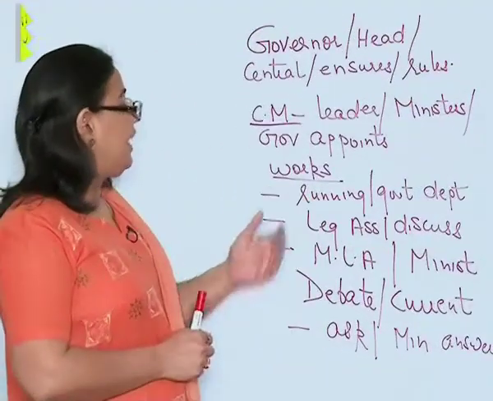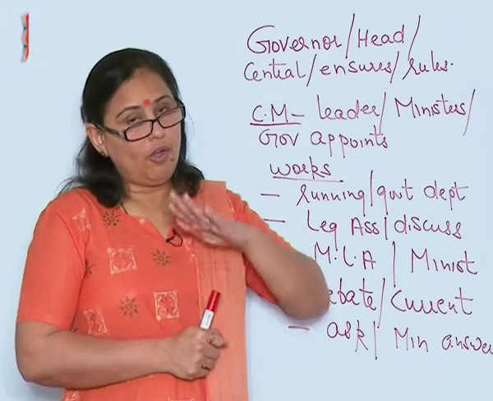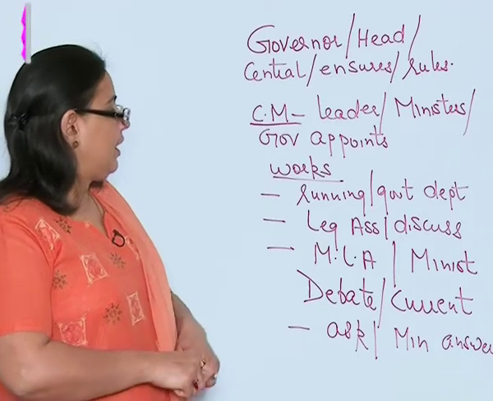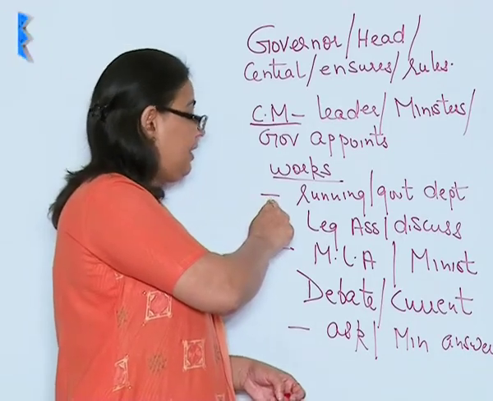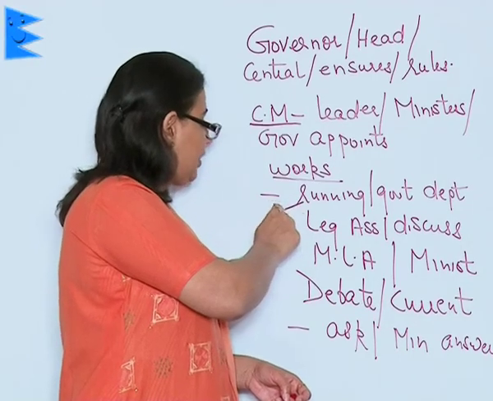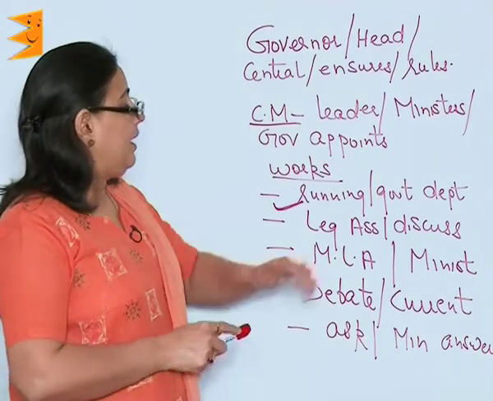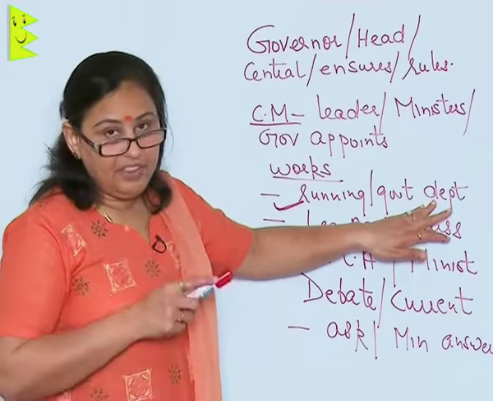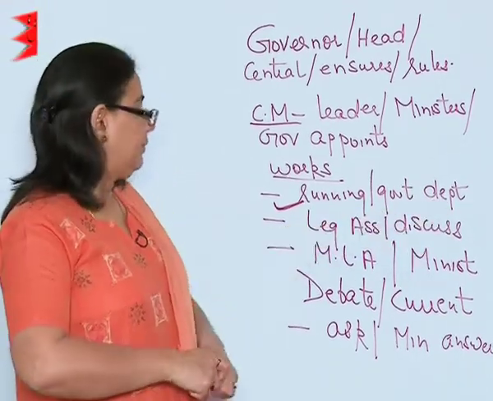After this, we have to look into the works and functioning of the Chief Minister and other ministers. Now, the Chief Minister and the various other ministers are responsible for running the state government, and they actually run and represent various government departments in the state.